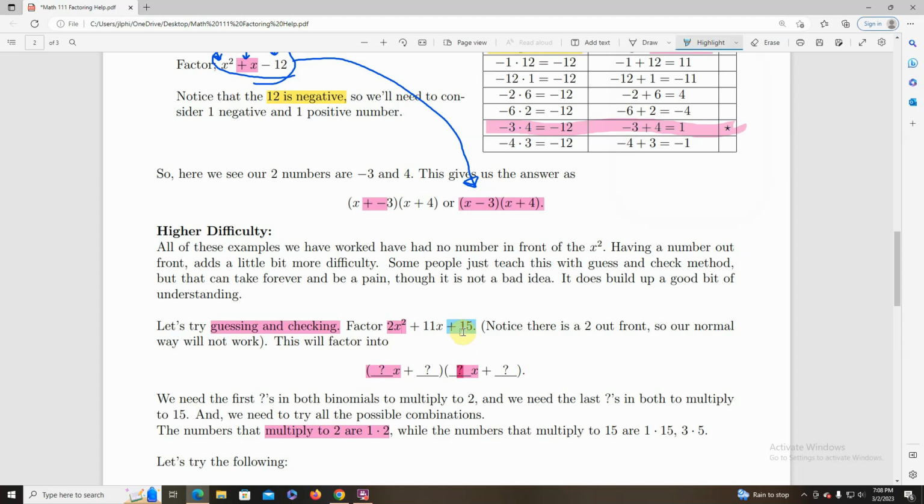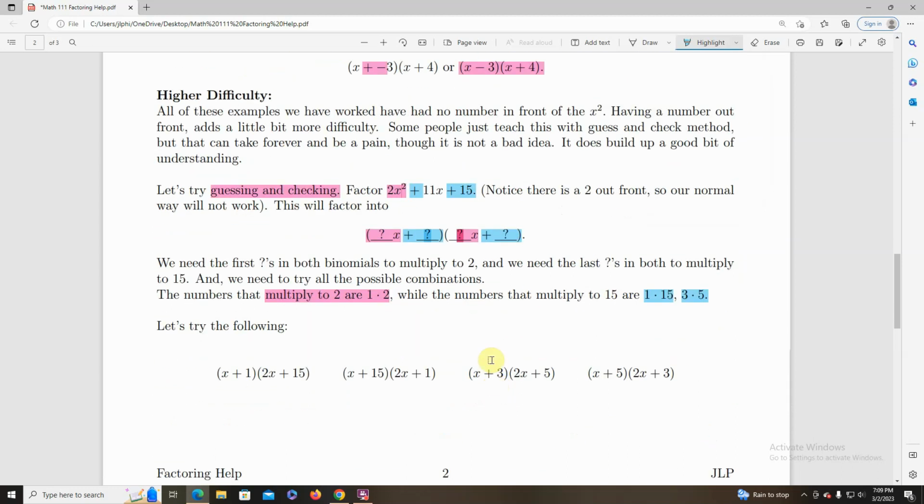Then we look at the last term. It's a positive 15. So that means that these things need to multiply to a positive 15. Lucky for us, since everything is positive here, I'm either only going to have 1 and 15 or 3 and 5. Okay? So it could be 1 and 15 or 3 and 5, or 15 and 1 and 5 and 3.